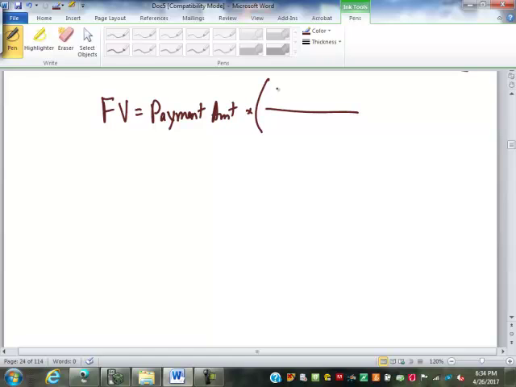I'll look it up here in just a second for you. 1 plus R. The R they use is assumed to be the annual rate divided by the number of payments in a year, or number of periods in a year, to the power of N or T or whatever they put. That is assumed to be the number of periods, the years times the number of periods in a year, minus 1, over R. Again, that's the rate divided by the number of periods in a year.